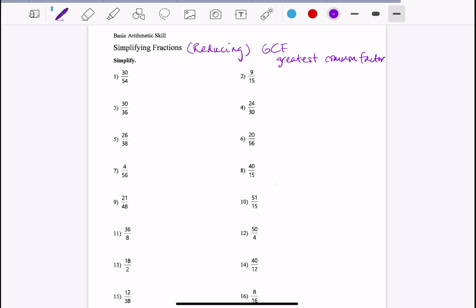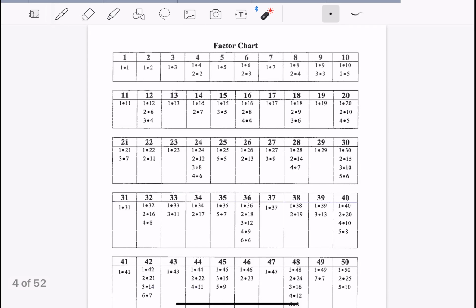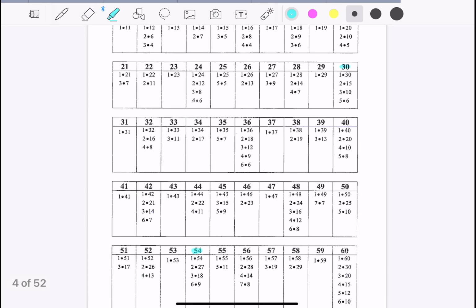So let's look at our first problem. We have 30 over 54. So we need to look at 30 and 54 in our factor chart. So let's go to the first page. I'll highlight, there's 30, and then there is 54 down here. And I have to find the largest factor.